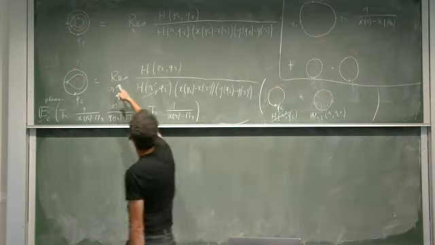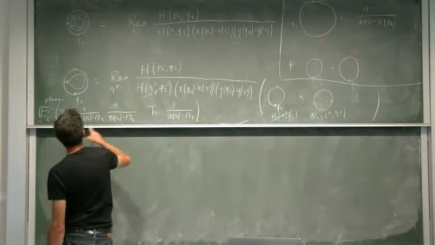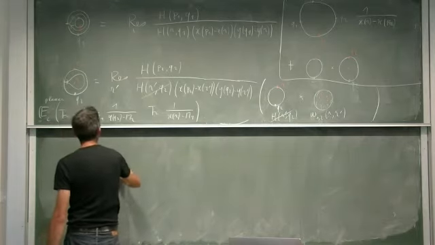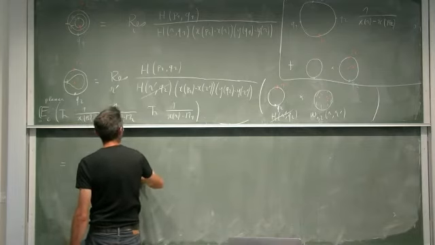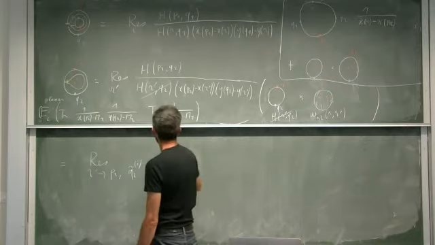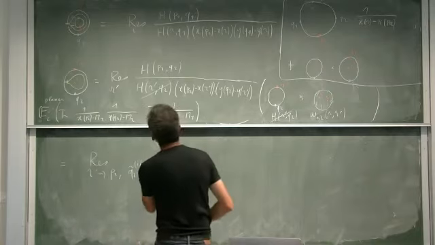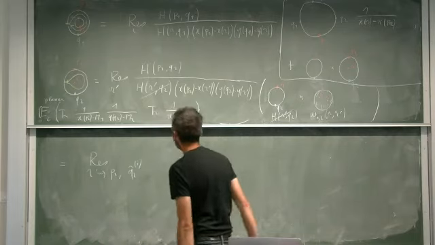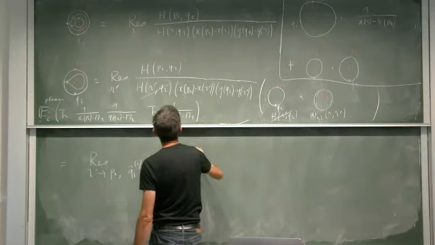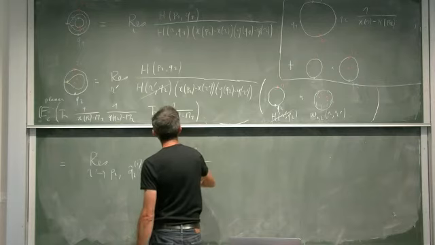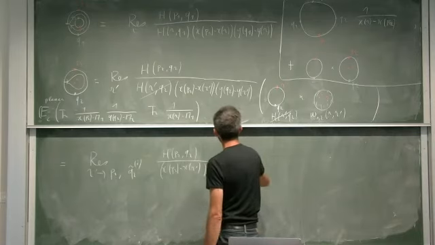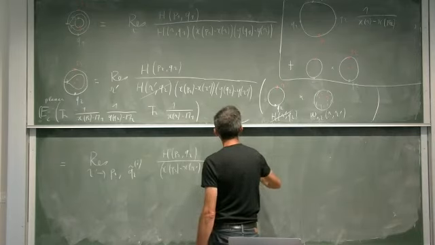So let me rewrite it here. This quantity is equal to the residue when R prime goes to either P2 or Q2 tilde index i, of H of P2 Q2 over X of P2 minus X of R prime times Y of Q2 minus Y of R prime.